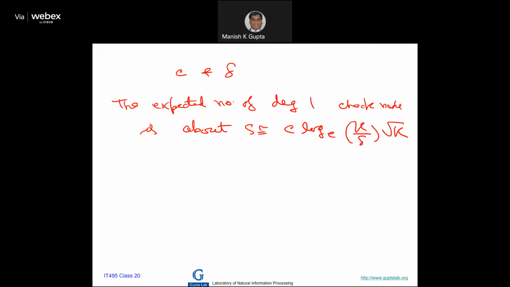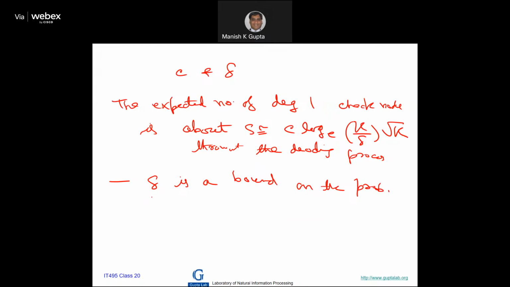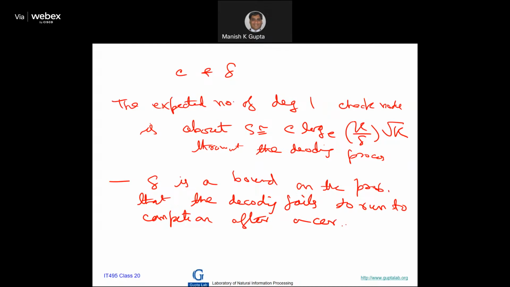So rather than 1 throughout the decoding process. And the parameter delta is a bound on the probability that the decoding fails to run to completion after a certain number K prime of packets have been received. Okay.